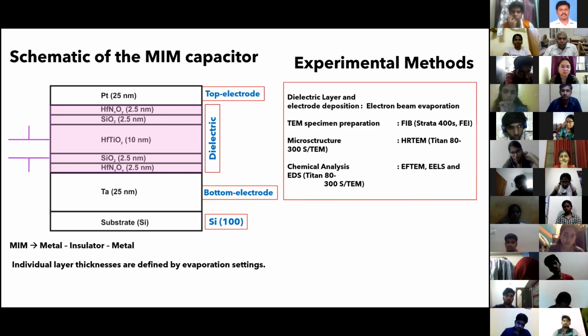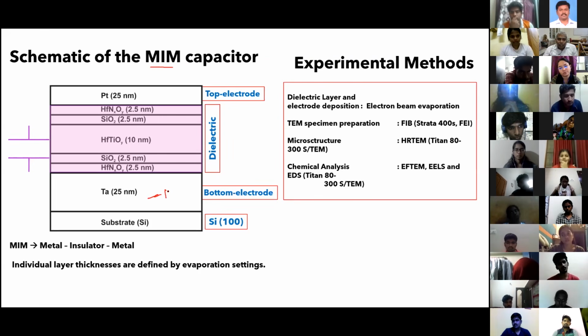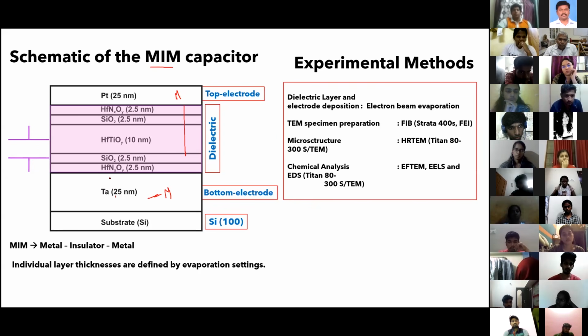This is another capacitor, which I call an MIM capacitor, because on silicon I put another metal layer here. All these are oxide and metal layers. The only thing you should understand is that there is tantalum, and the rest are hafnium, silicon, hafnium, titanium, all oxides, multilayers, and the top is platinum. How beautifully we have done it.